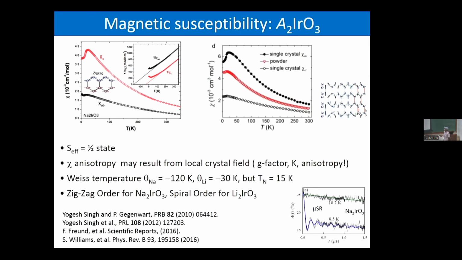Both materials unfortunately order at low temperatures, but at least for the sodium material, there is a large window in which one can see that the ordering is suppressed from where it should be if it was just a mean field magnet.